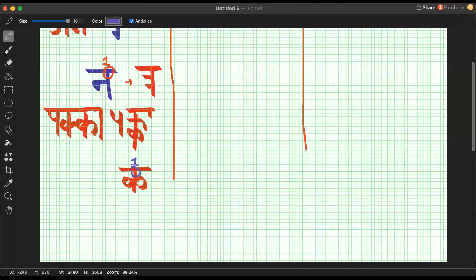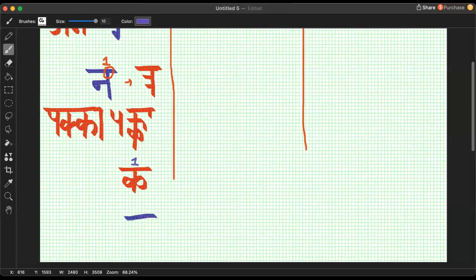So when you're writing "pakka", and also when you're writing any conjunct to the "ka", just like the u matra, "ka" will take up the half form. Whether you write "u" or anything right below "ka", it will take a half form.